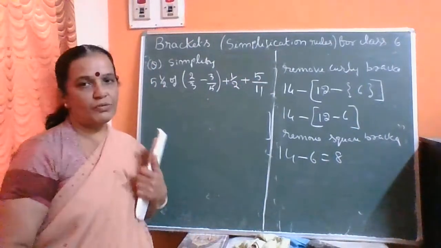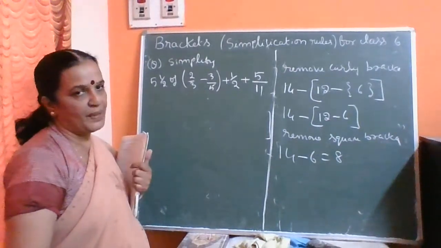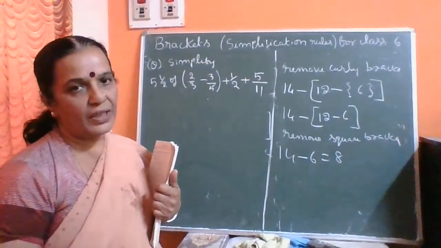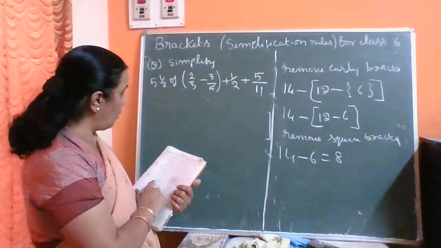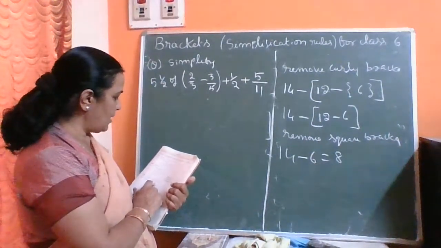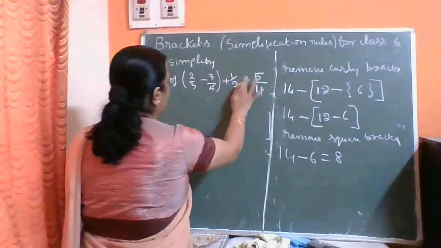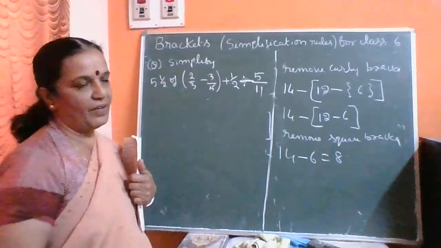And while copying the question, you have to be very careful. You have to note down the question properly, because if you miss out any symbol, you will not get the proper answer. Question is 5 and half of inside the bracket 2 by 3 minus 3 by 5 plus half, division sign, and then 5 by 11.